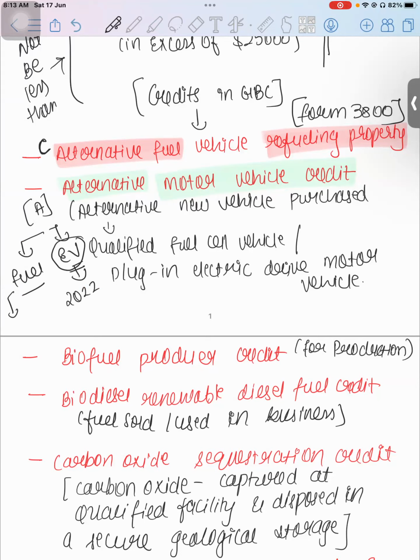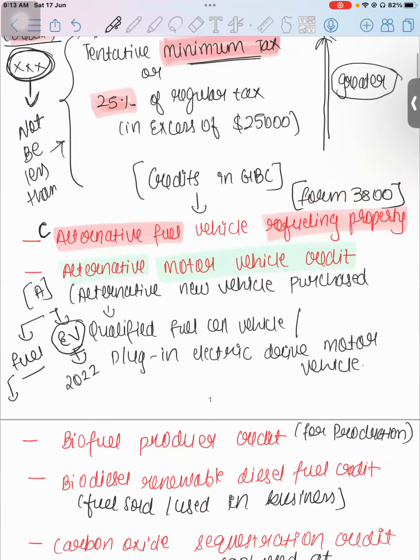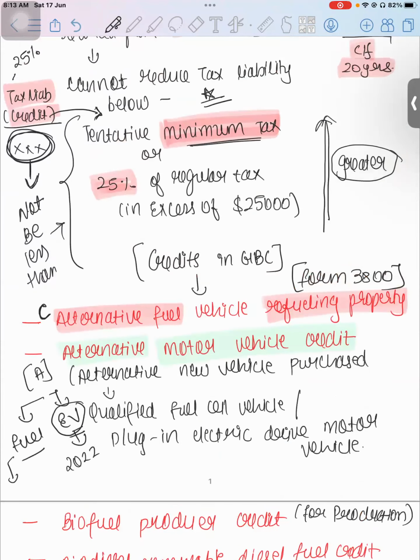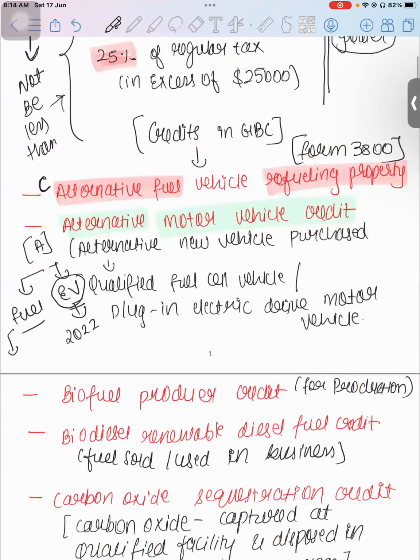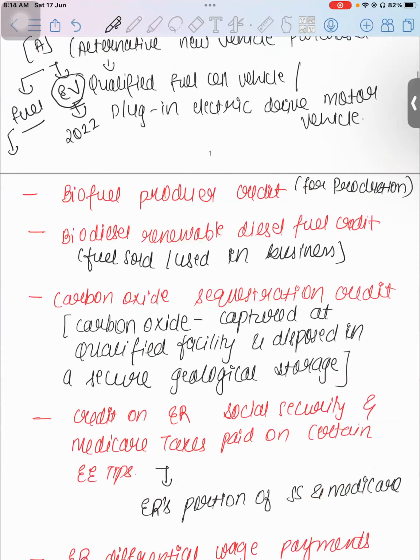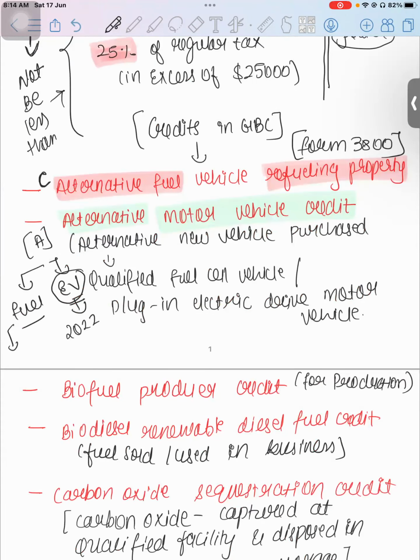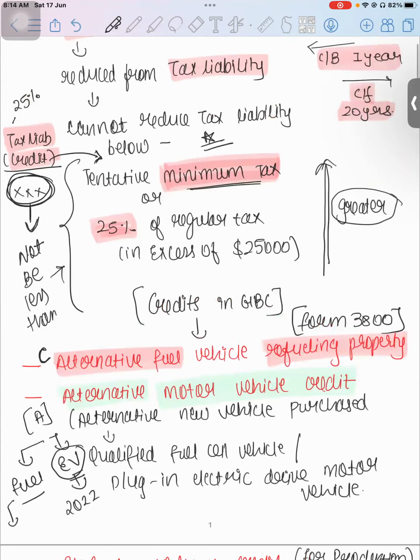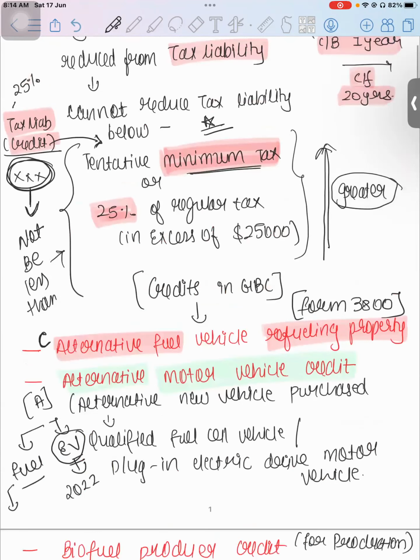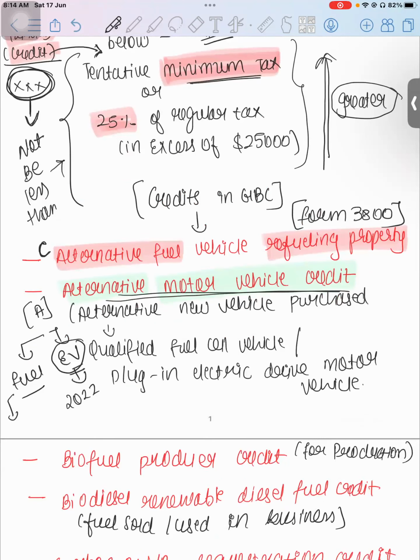business. Okay. Now this limit, just remember, this overall limit you need to apply in all the lists which we are going through right now. So whatever is the cost of that particular vehicle, compare it with this amount, and based on that you can take the alternate motor vehicle credit.